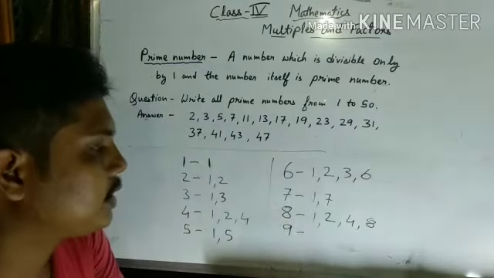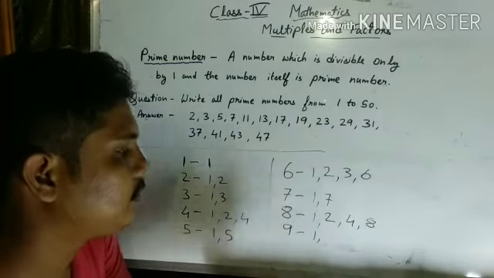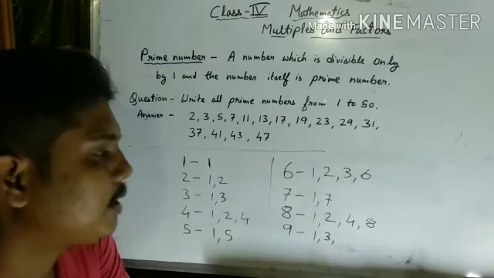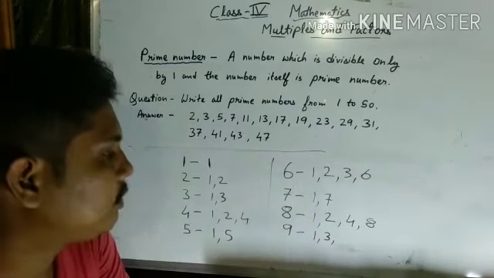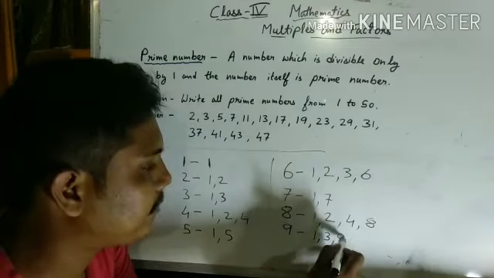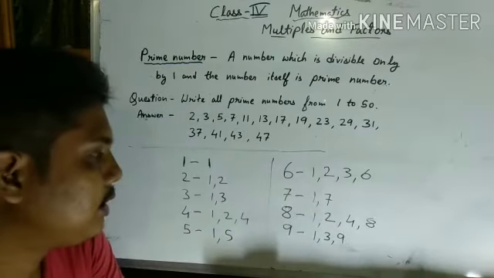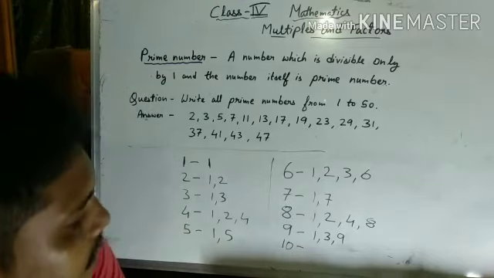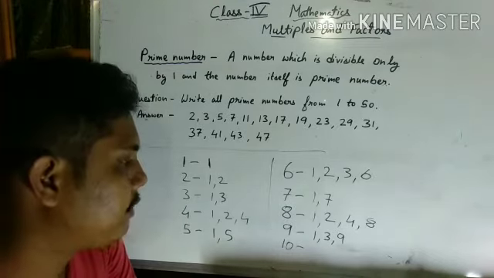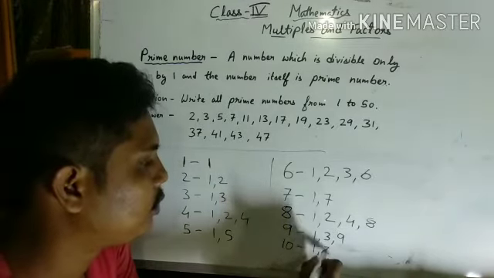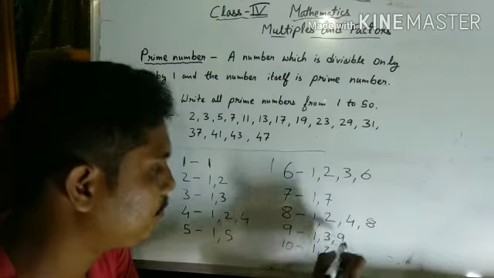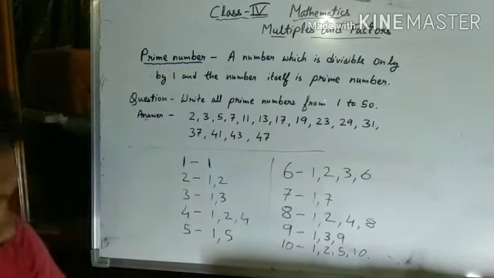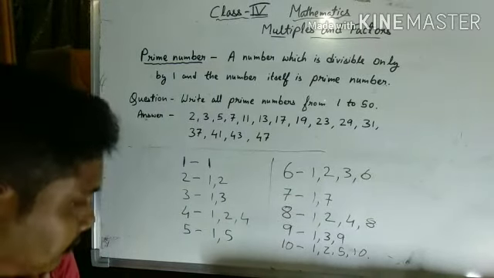Which are the numbers that can divide 9? 1 can divide, 2 cannot divide, 3 can divide 9, 4, 5, 6, 7, 8 cannot divide 9. 9 can divide 9 because 9 1s are 9. Next, 10. So which are the numbers that can divide 10? 1, 2, 5 and 10. These are the numbers that can divide 10.